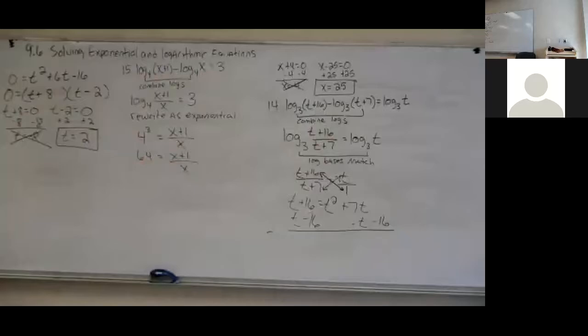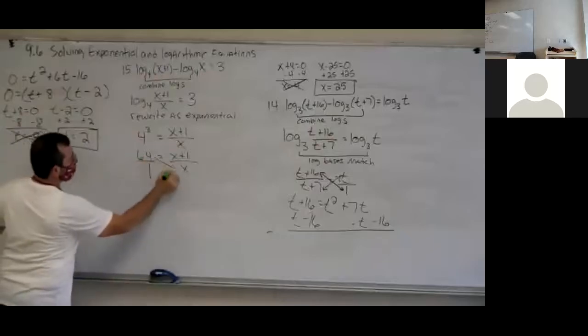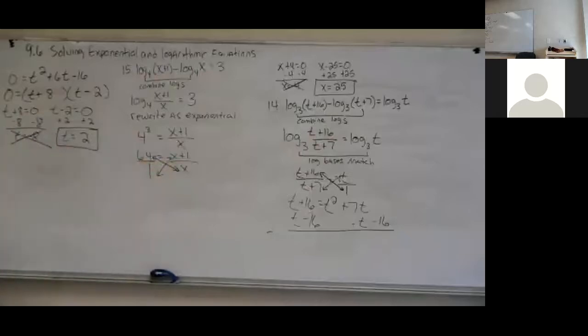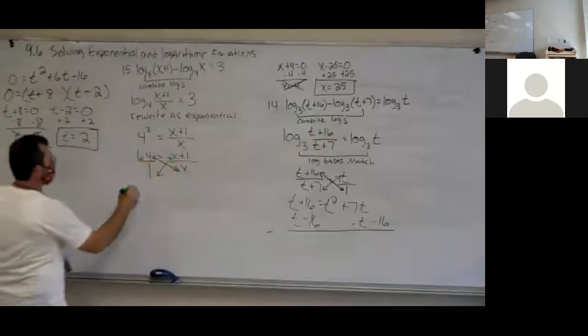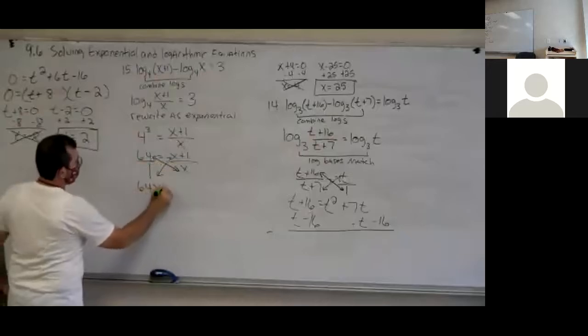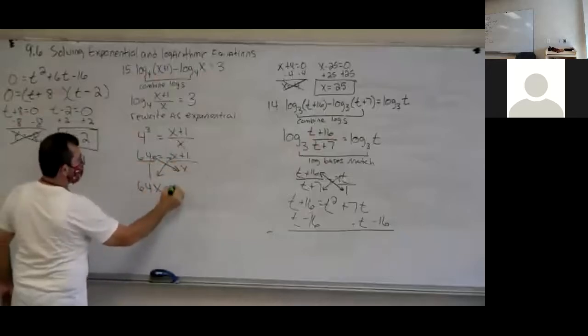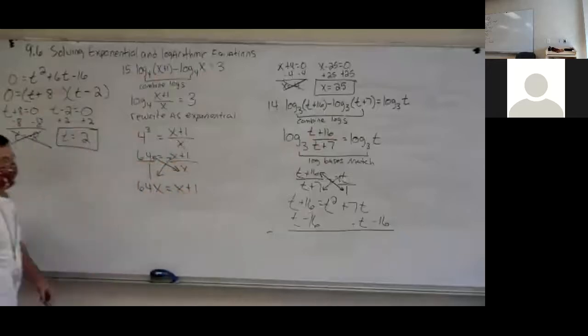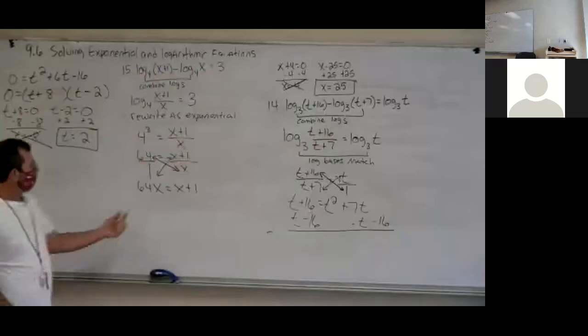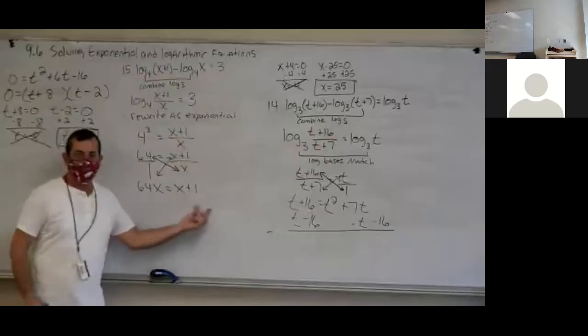I'm going to put a 1 under the 64, and I'm going to cross multiply this just like I did a while ago. So 64 times x is 64x. 1 times x plus 1 is x plus 1. All right. We need the x's on one side equal to the number.